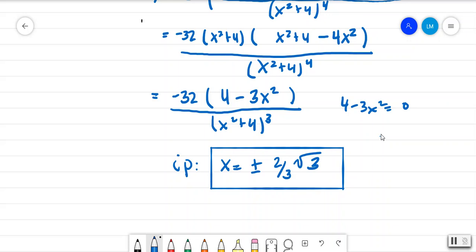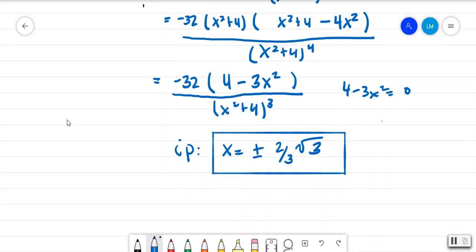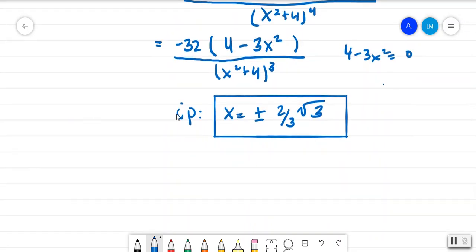Okay, so next is to basically just say that if you were to figure out that this is negative 2 root 3 divided by 3, and then you have positive 2 root 3 divided by 3.